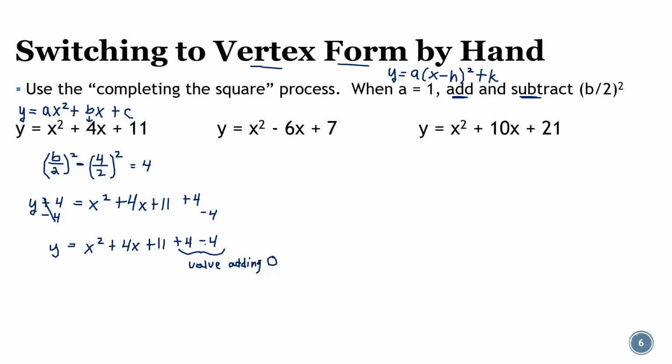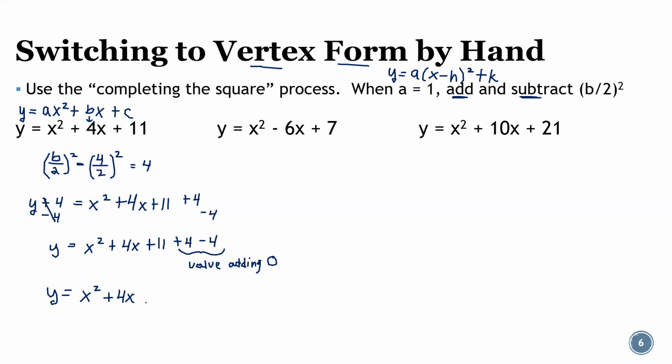Now, strategy-wise, we want to be very strategic about where we put the plus 4 and the minus 4. So instead of having it look like it does here, I'm going to rewrite my equation. This is my original, what I was given, y equals x squared plus 4x.